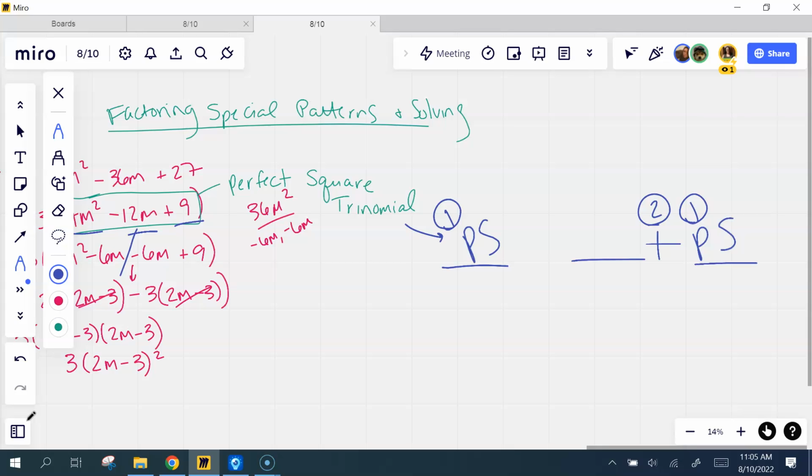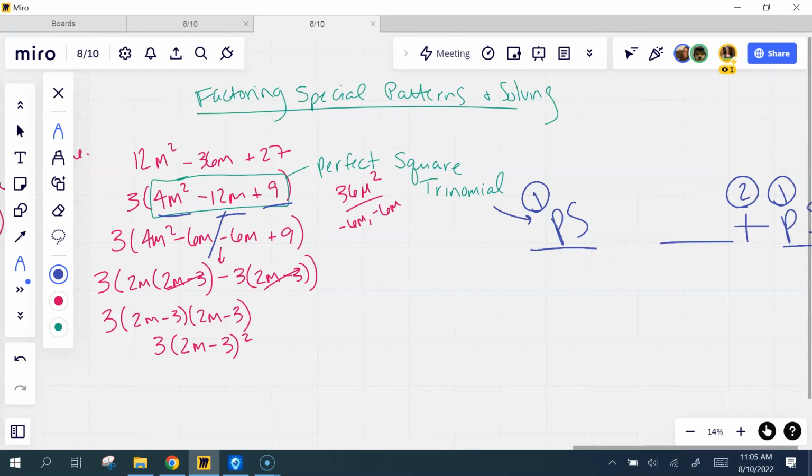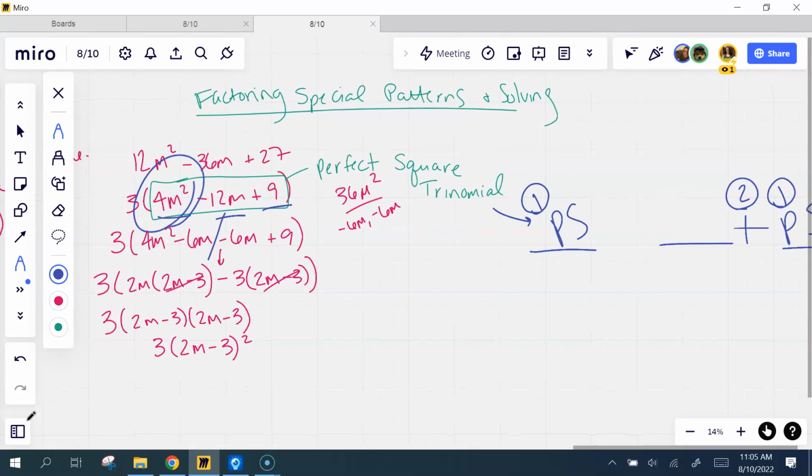Like the ends here must be perfect squares. So if you look at this one, 4m squared is a perfect square. 9 is a perfect square.